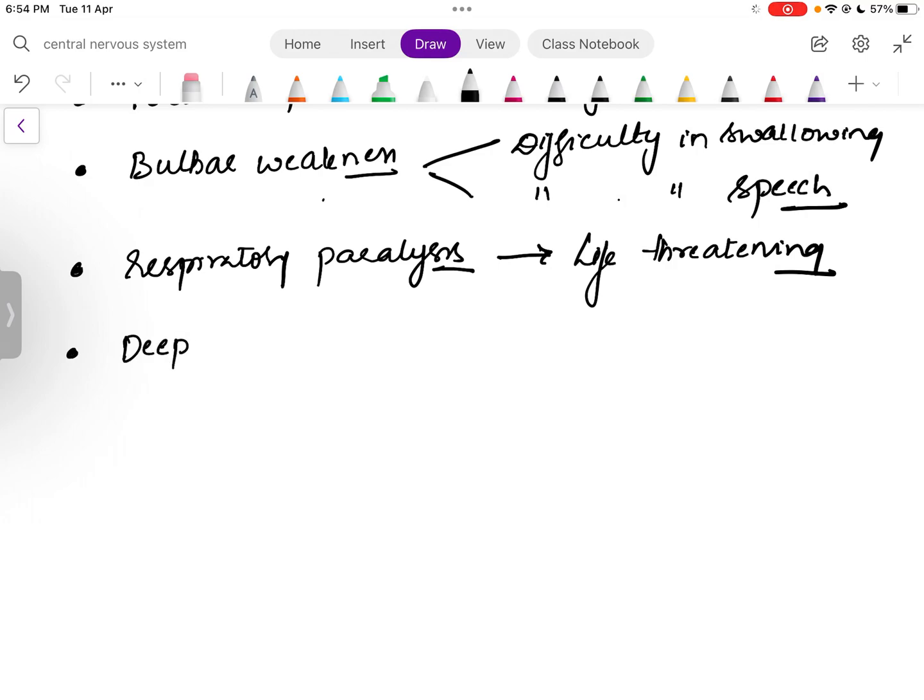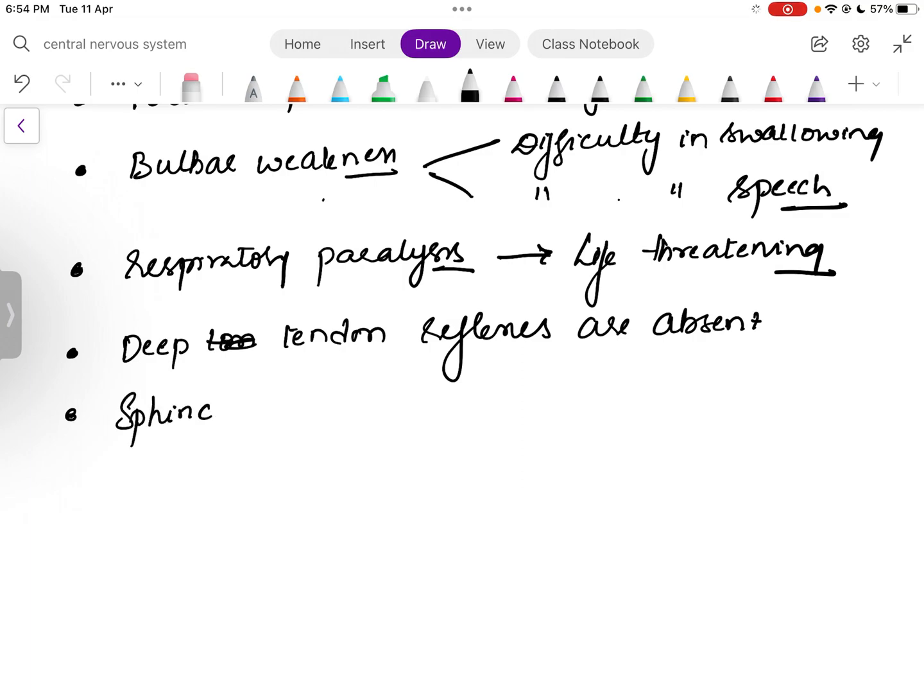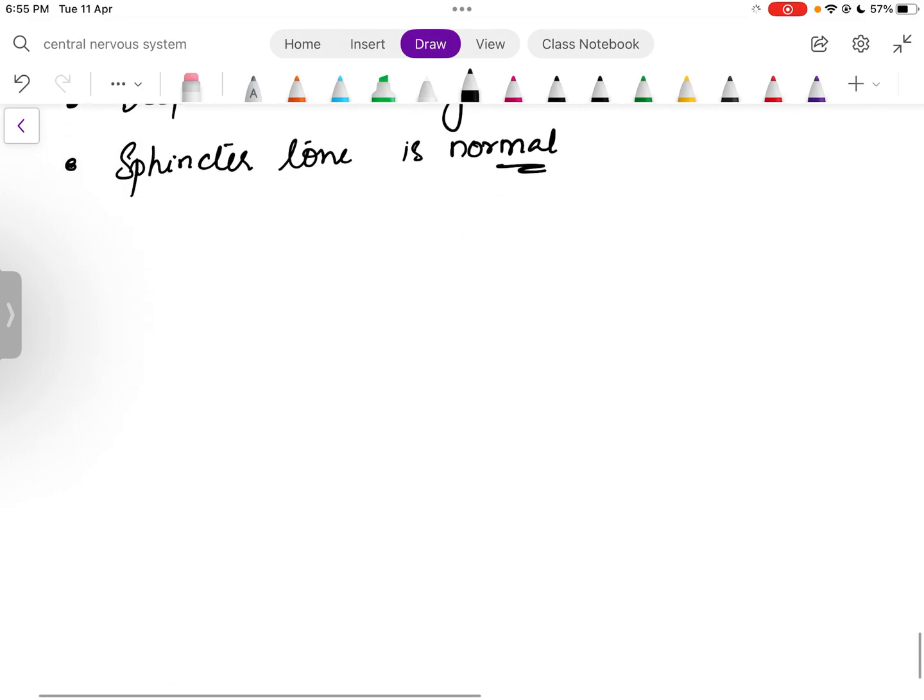Deep tendon reflexes are absent, and sphincter tone will be normal. These are the motor symptoms which we see in Guillain-Barre syndrome. We have to remember that the patient will have an ascending paralysis.